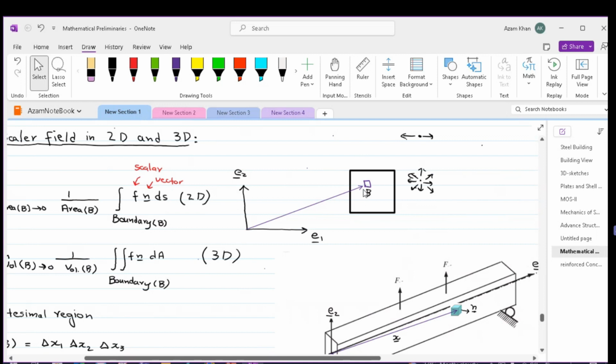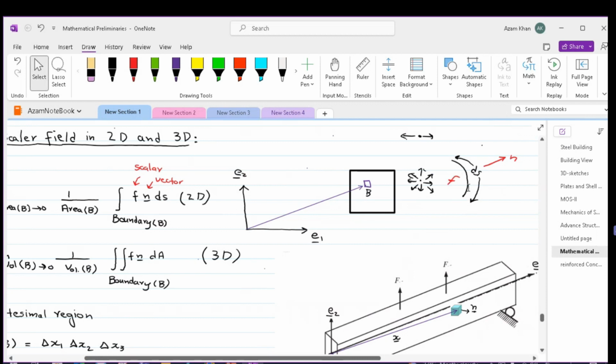Here we take a small area, and we find the function at that point over the boundary ds. So we have the boundary of this small element as ds.